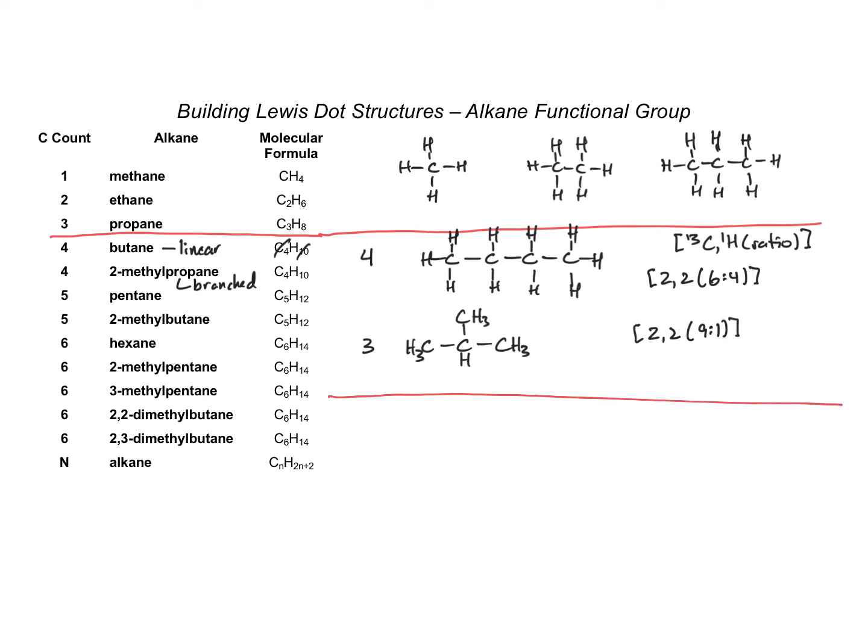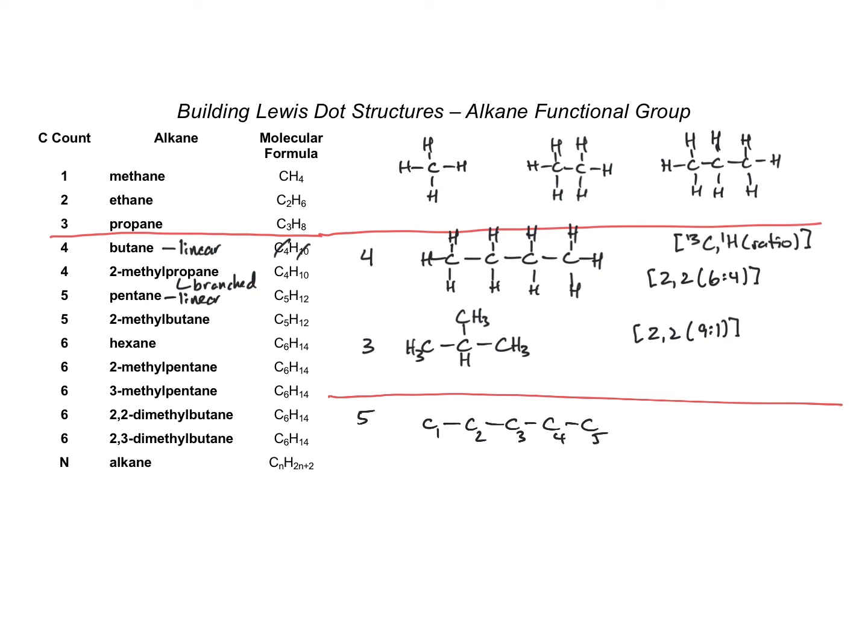So pentane is a linear alkane. So I'm going to start here, 5. It's linear. C, C, C, C, C. We can even help ourselves by numbering here 1, 2, 3, 4, 5.